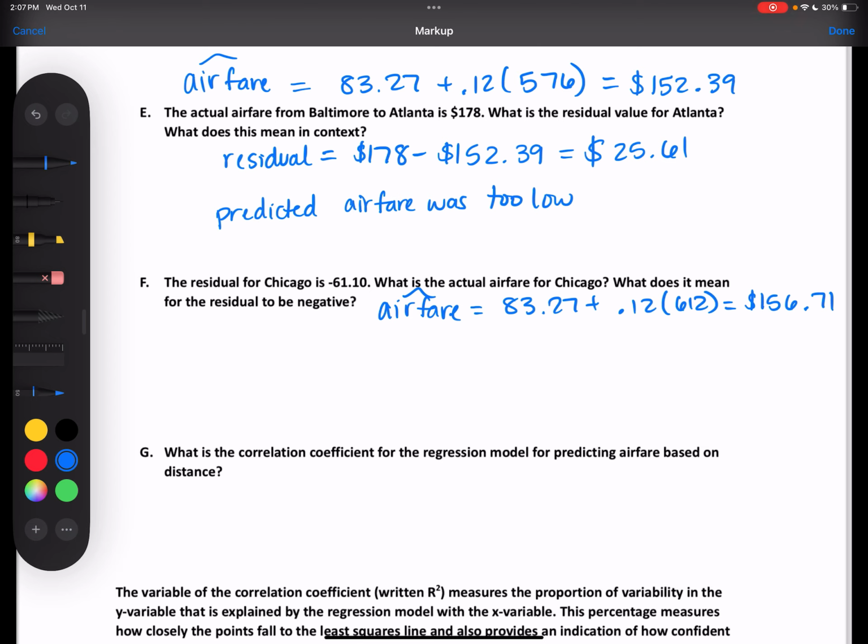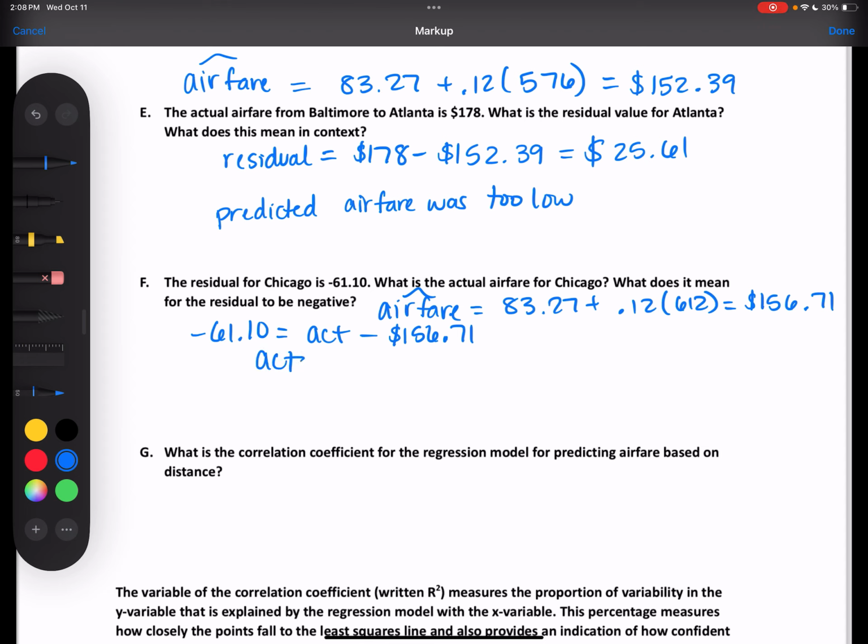I'm going to use the residual value of negative 61.10 is equal to actual, which I'll write as ACT so we get in the habit, but if you wrote it as Y, that would be fine, minus 156.71. So you just need to add the 156.71 to the negative 61.10.